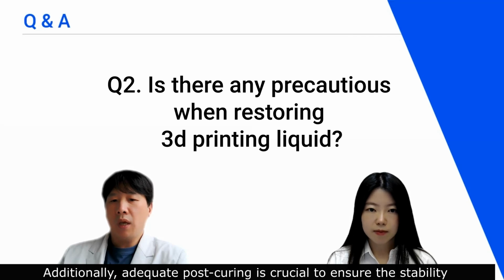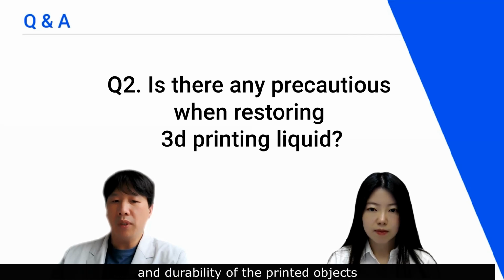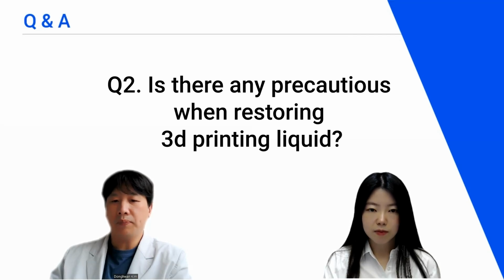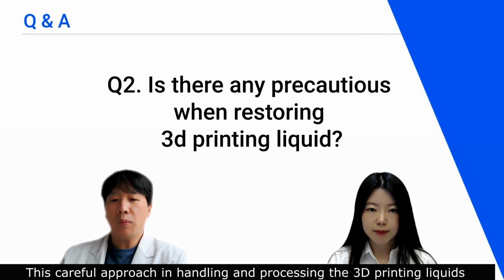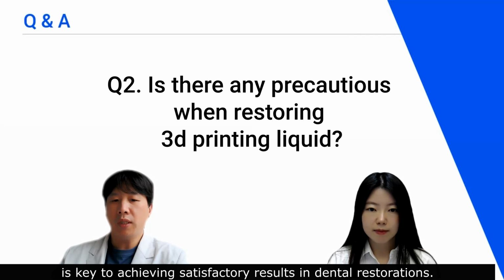Additionally, adequate post-curing is crucial to enhance the stability and durability of the printed objects. This careful approach in handling and processing of 3D printing resin is key to achieving satisfactory results in dental restorations.